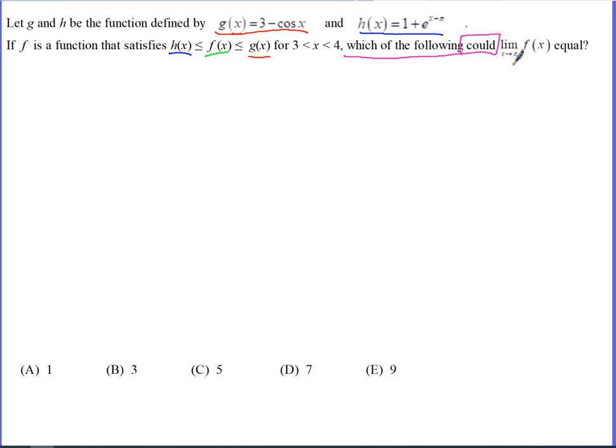So again, here's our c value. x is approaching pi, and notice pi is between 3 and 4. So we can apply the squeeze theorem here. So let's find our limit. Again, it doesn't matter which one you do first. The limit as x approaches pi of g of x. So that'd be 3 minus the cosine of pi.